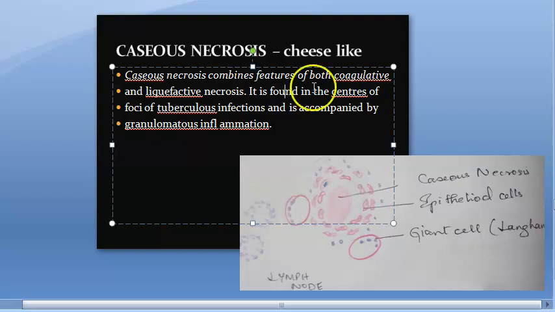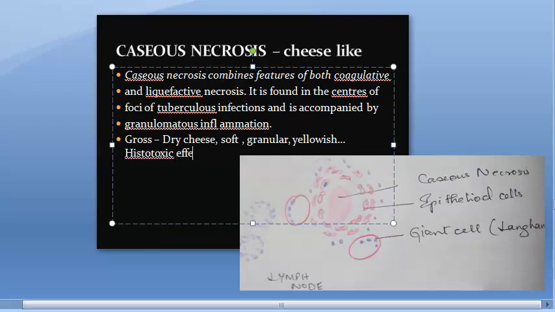It combines the features of both coagulative and liquefactive necrosis. Now what will you see in gross? You will see dry cheese-like material. It is soft, granular, yellowish. The appearance is because of the histotoxic effect of lipopolysaccharides. Why this cheese-like appearance?